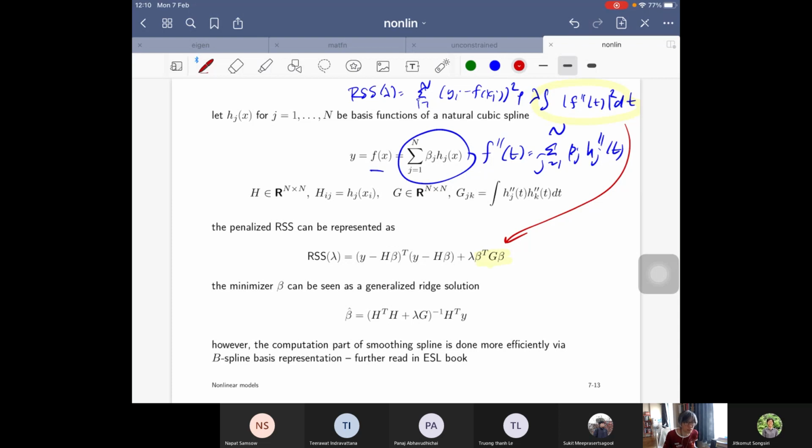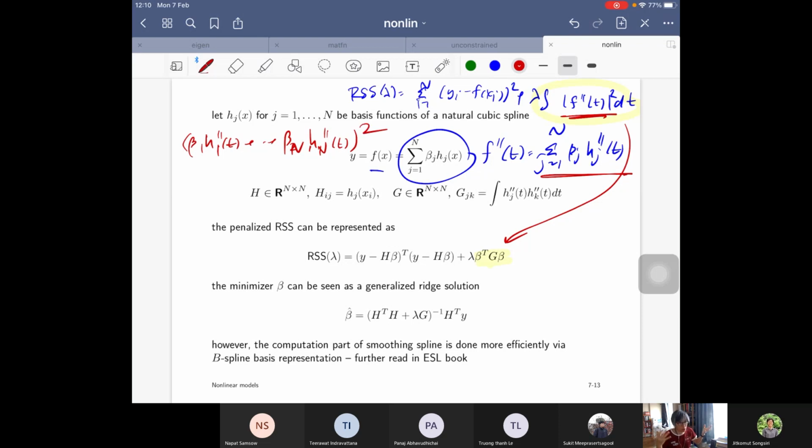By using this basis representation, remember that this is beta1 h1 double prime up to beta_n h_n double prime, and then you square it, making an inner product.